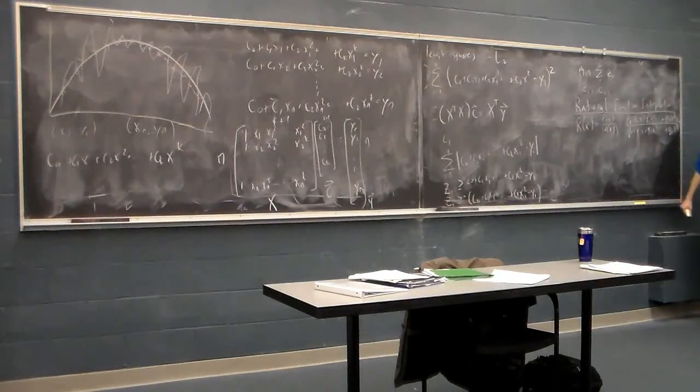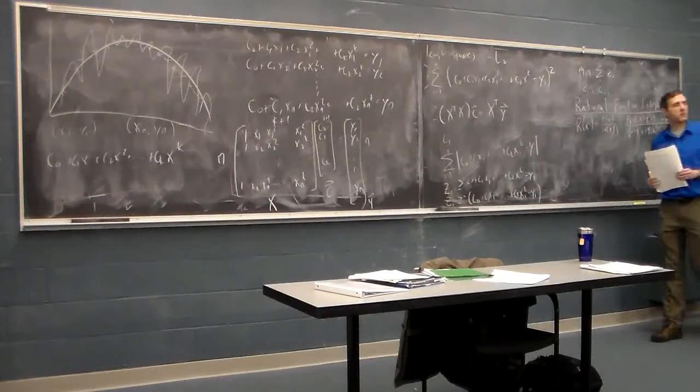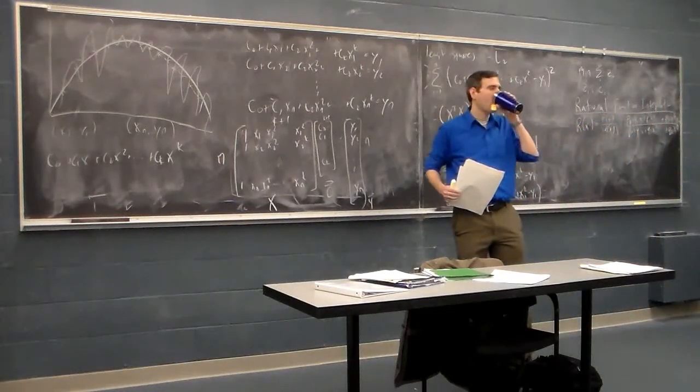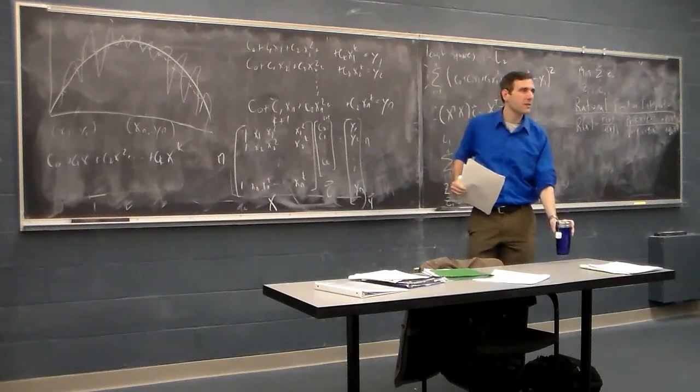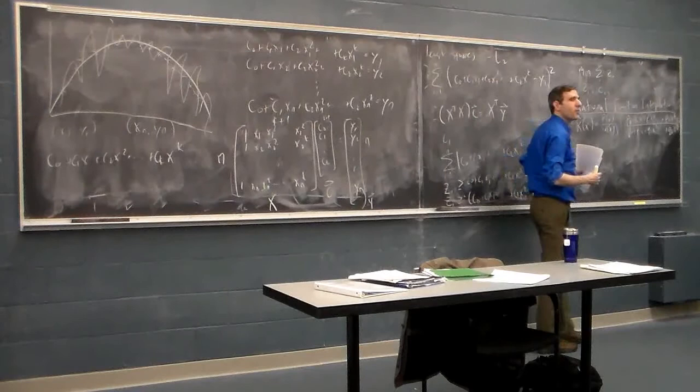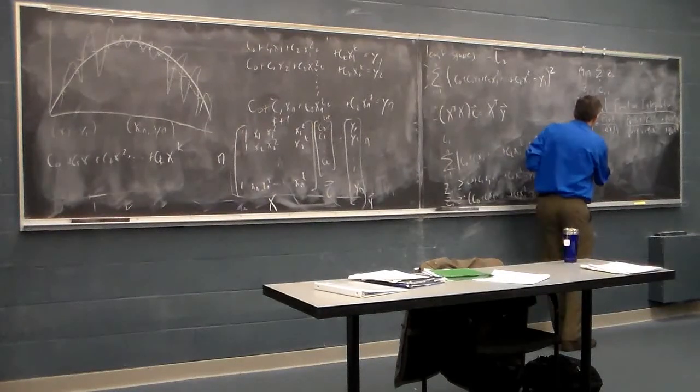And these can have some advantages over polynomial fits. Can anyone think of what a rational function approximation might be good for? Well, there's some things a rational function can do that you can't do with a polynomial. So, for example, a rational function can go to a finite limit.